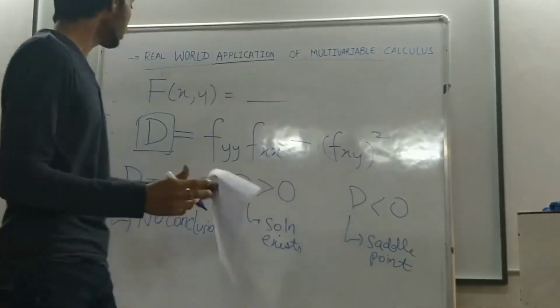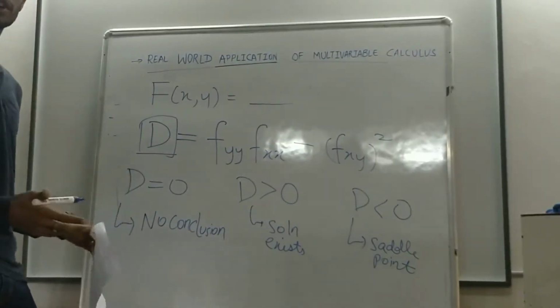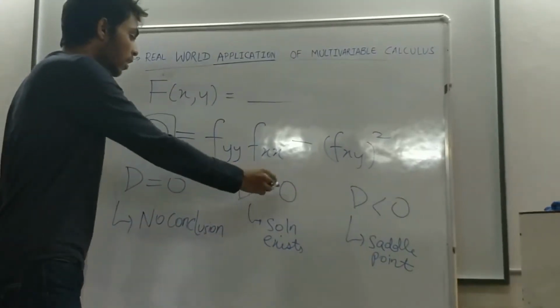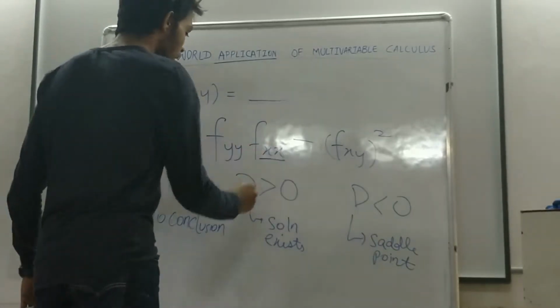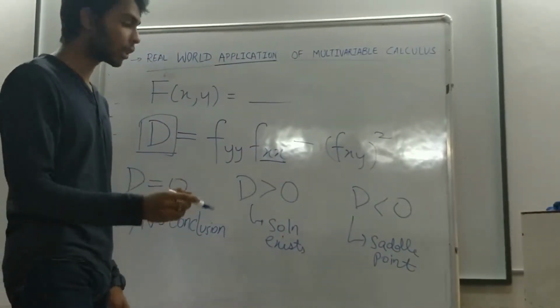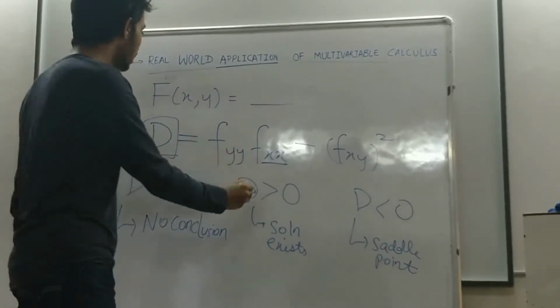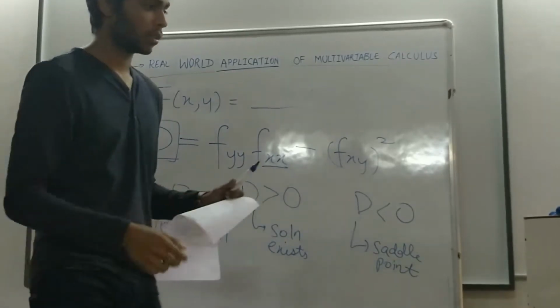So basically using this, I can calculate my critical points, I can use it to find maxima and minima, and various other things are possible. For example, if D is greater than 0, I get a solution exists, and my f_xx is greater than 0, then I can come to the conclusion that at that point it's a minimum point. Then I can substitute it in this function and I can get the minimum value of that function at that point.